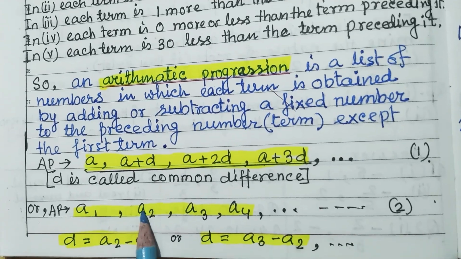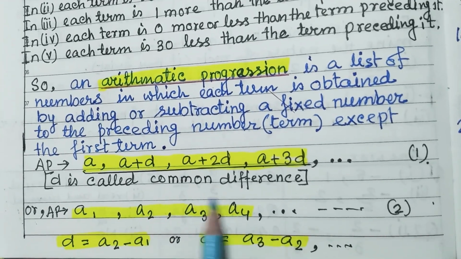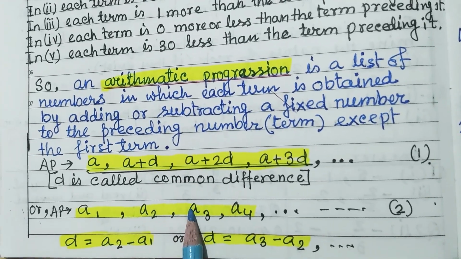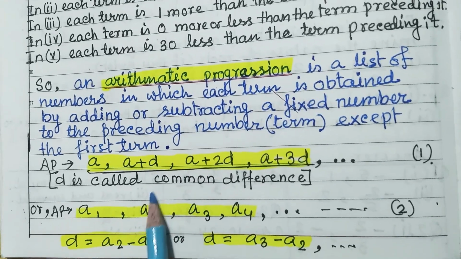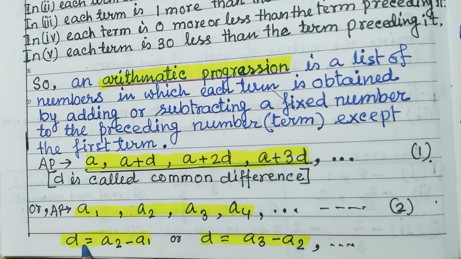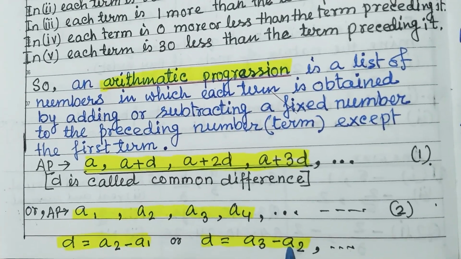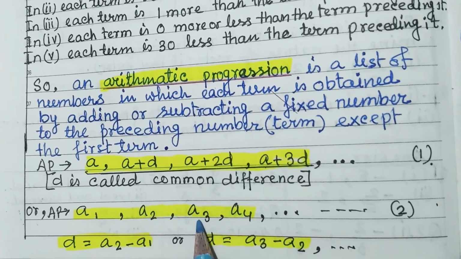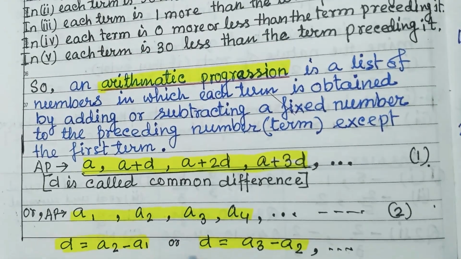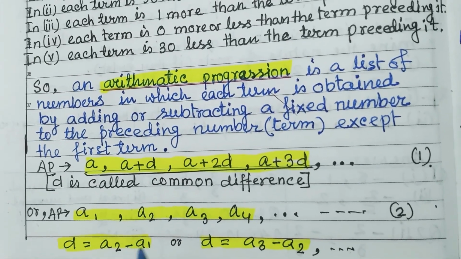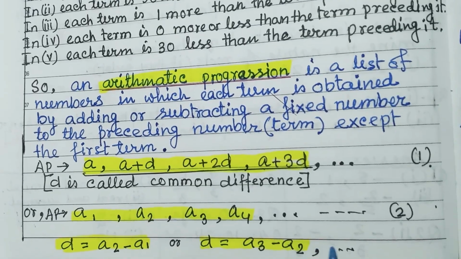Out of these two, last minus first. So D is equal to A2 minus A1, or A3 minus A2, or A4 minus A3. But this D must be the same for all differences of these numbers.